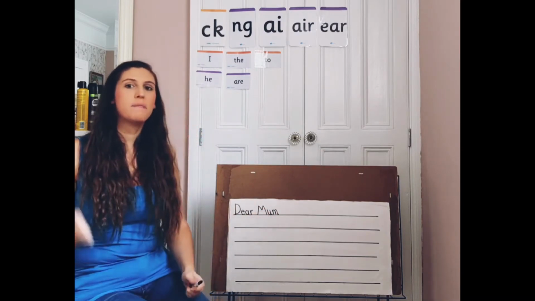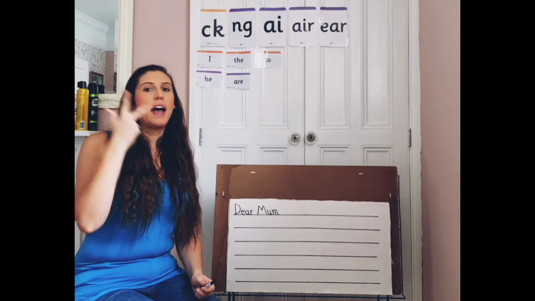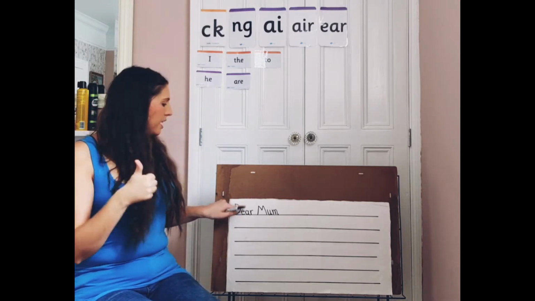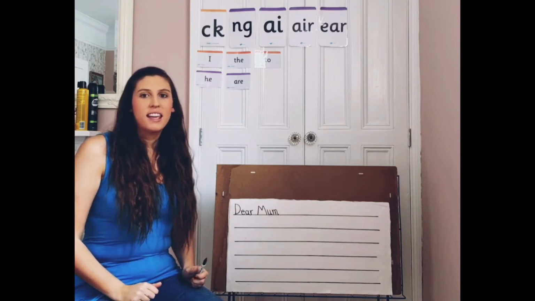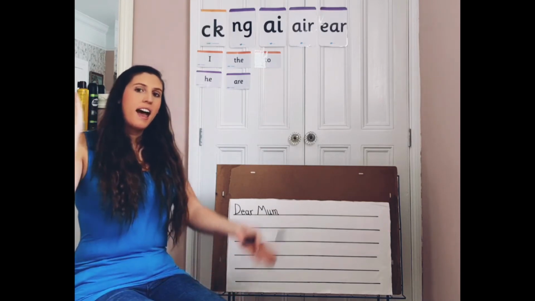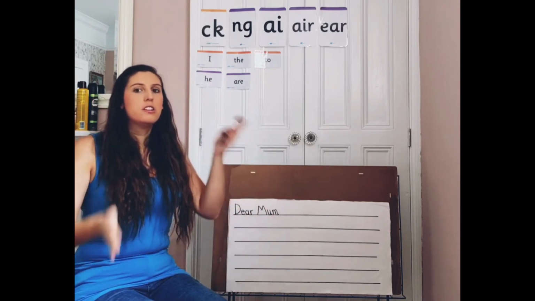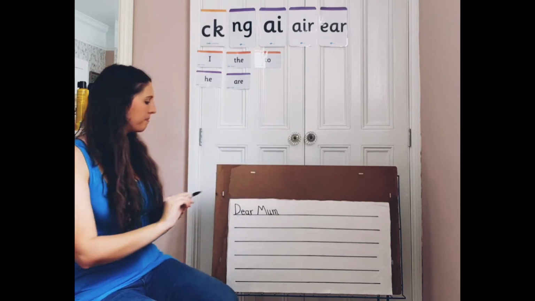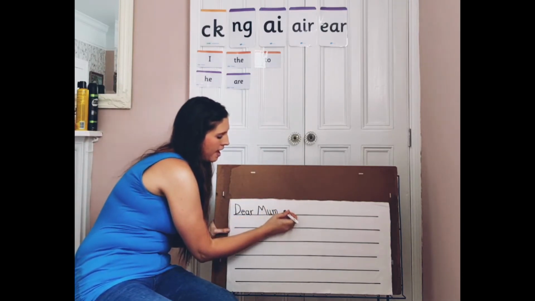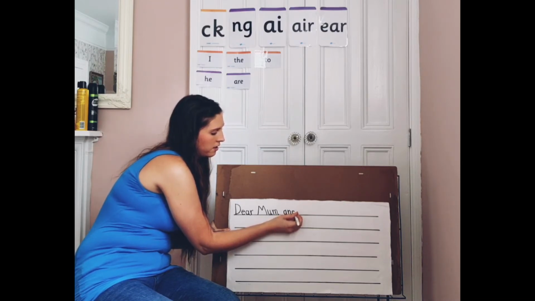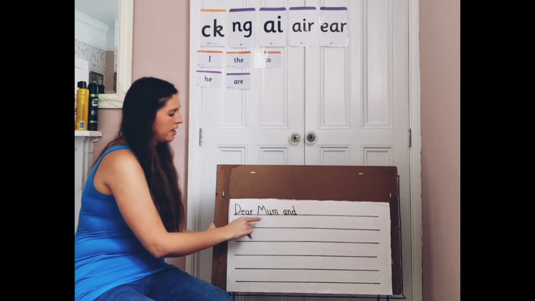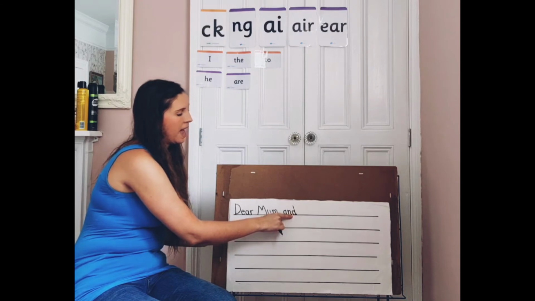Let's do the sentence again. Dear Mum and Dad. Dear Mum and. So the next word is and. Let's sound out the word and. And. And. So we need an A, N, D. Okay, and.